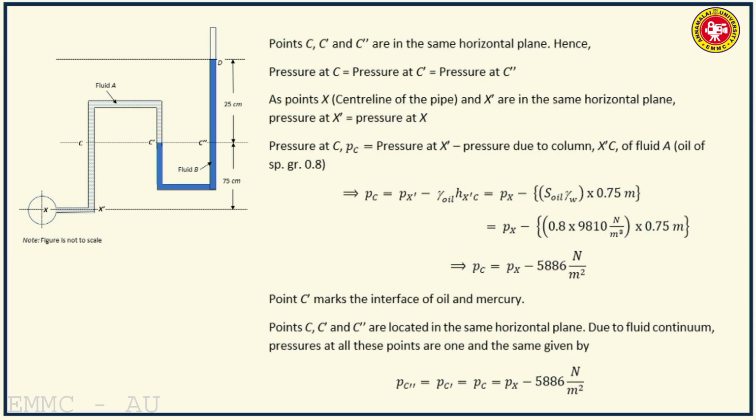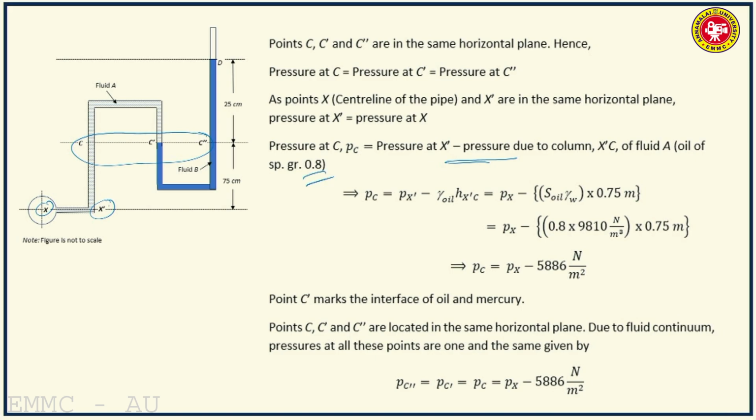So now, say point C, C prime and C double prime are in the same plane. So pressure at C will be equal to pressure at C prime equal to pressure at C double prime. As points X and X prime are in the same horizontal plane, pressure at X will be equal to pressure at X prime. Then pressure at C will be pressure at X prime minus, because you are going up from X prime to C, so the pressure drops, minus pressure due to column X prime C of fluid A, that is oil of specific gravity 0.8.